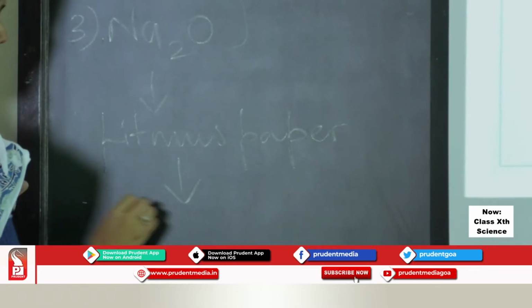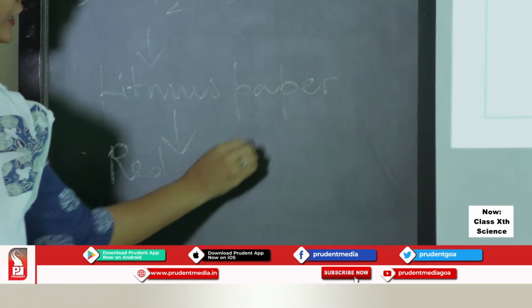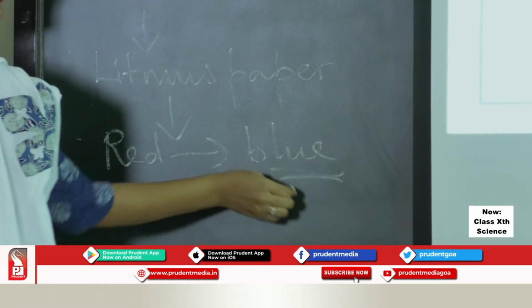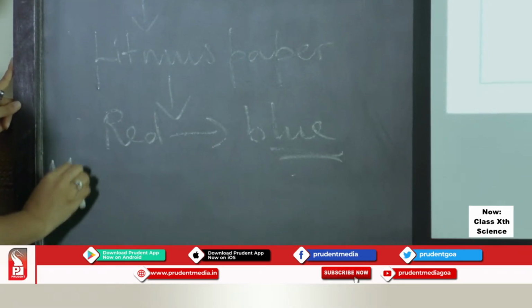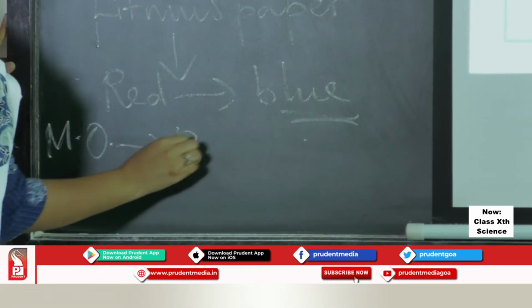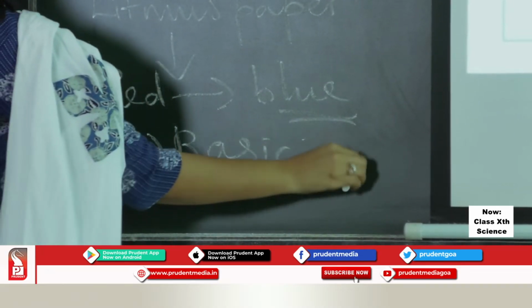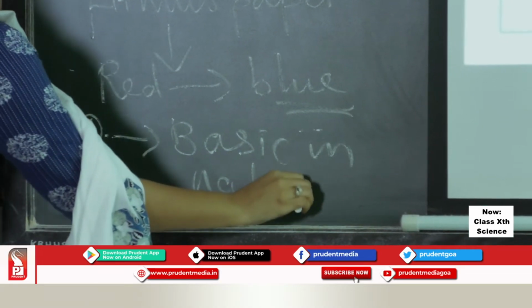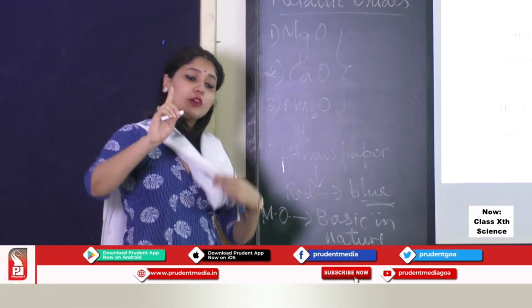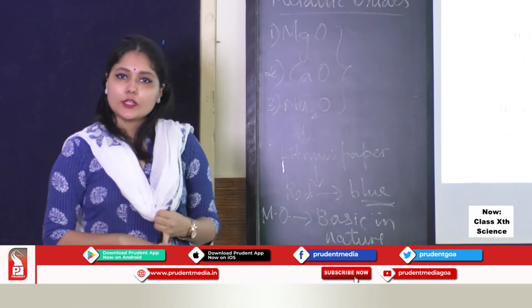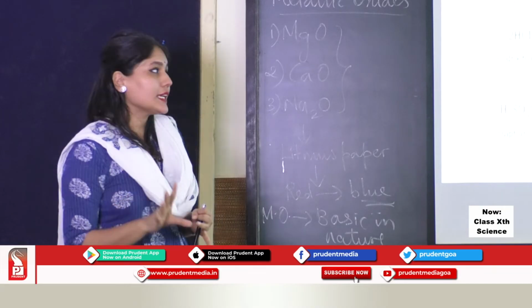The red litmus paper will change into blue, indicating that metallic oxides are basic in nature. Very important thing that you have to remember, students: all metallic oxides are basic in nature.